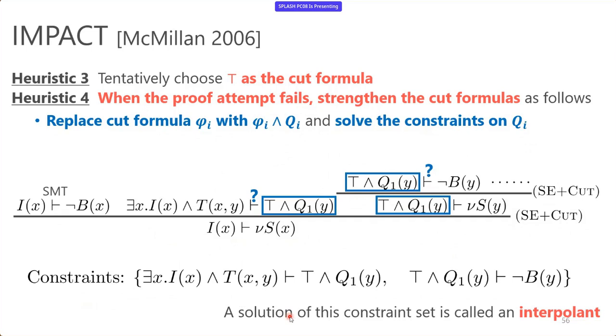In the literature, various efficient interpolating theorem provers have been developed, which can be used here to obtain interpolants. By replacing the predicate variables in the proof tree with the interpolants, we obtain a partial proof tree and continue proof search from the leaf node.